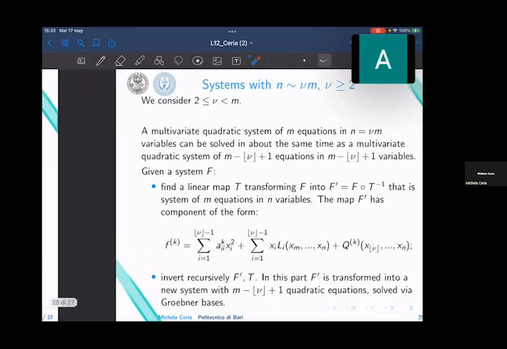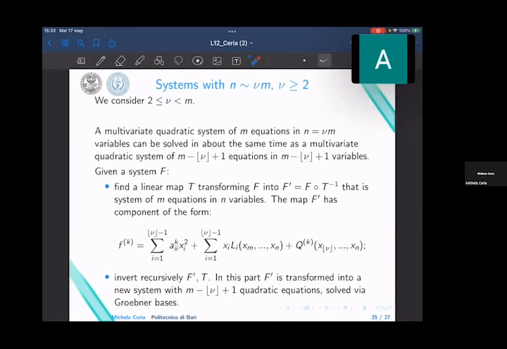And finally, systems such that the number of variables is mu m, with mu bigger than or equal to 2 but strictly smaller than m, because if it were equal to m, you could revert to the method before. The main idea is that a multivariate quadratic system with m equations and mu m variables can be solved in about the same time as a multivariate quadratic system with a smaller number of equations and variables.